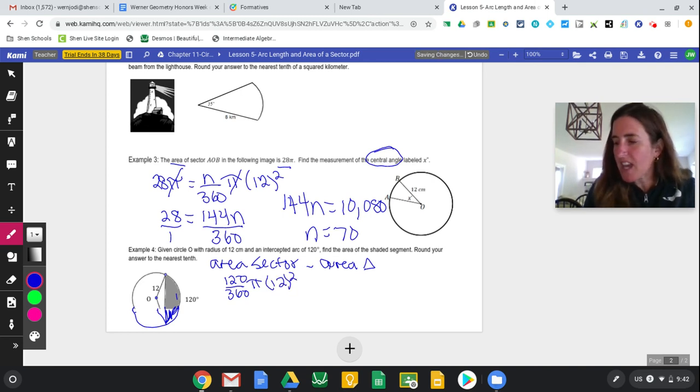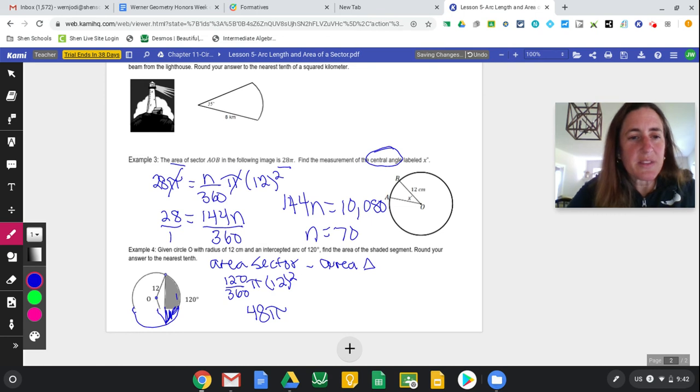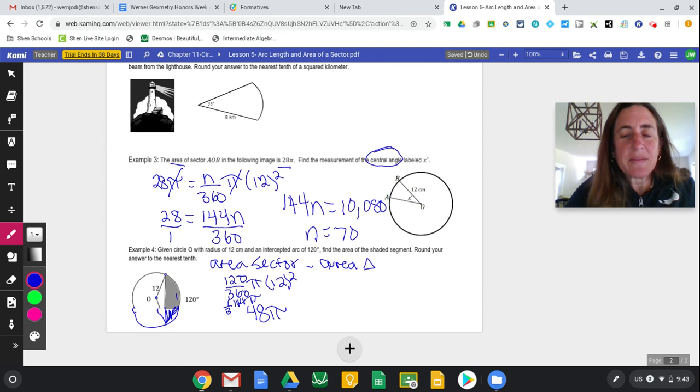It all reduces down to 48 pi if you do the math on that. You could reduce this to 1/3. This becomes 144. So 1/3 of 144 turns into 48 pi.